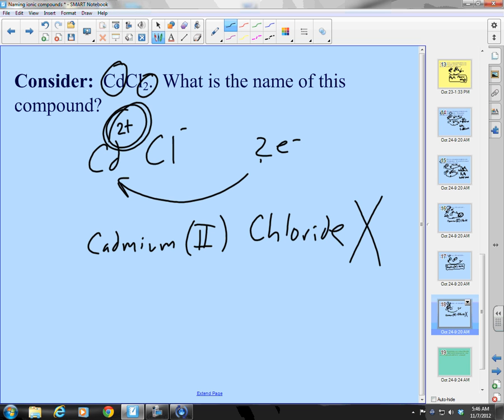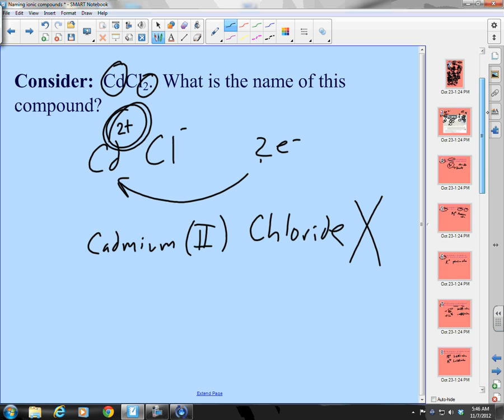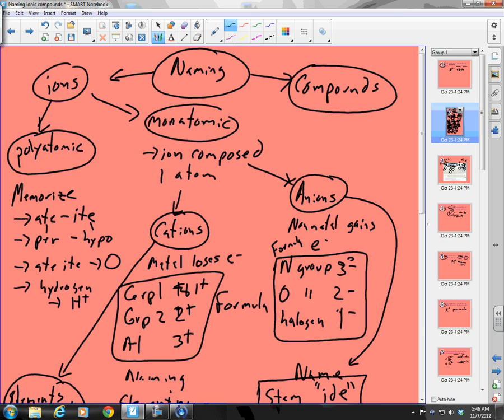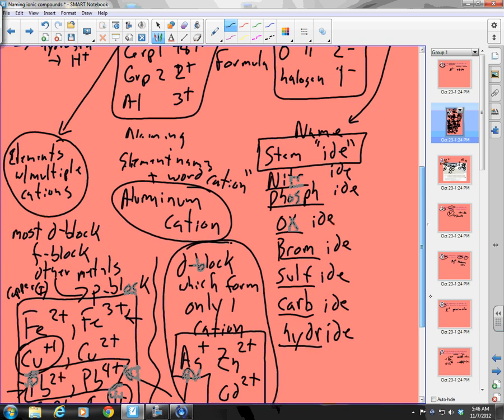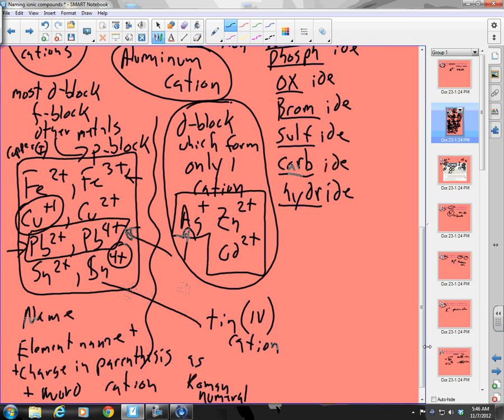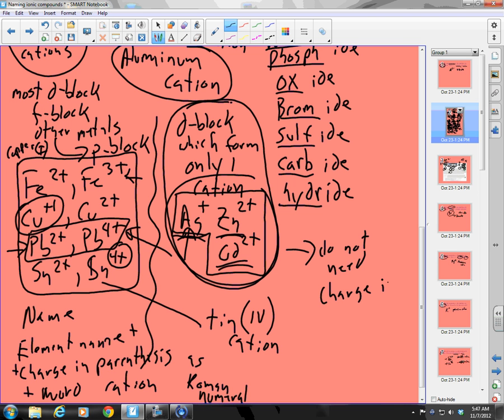That is true, ladies and gentlemen. But do you recall the other day we said, what about cadmium? Cadmium, zinc, and silver always form only one cation, meaning they do not need a charge in parentheses.